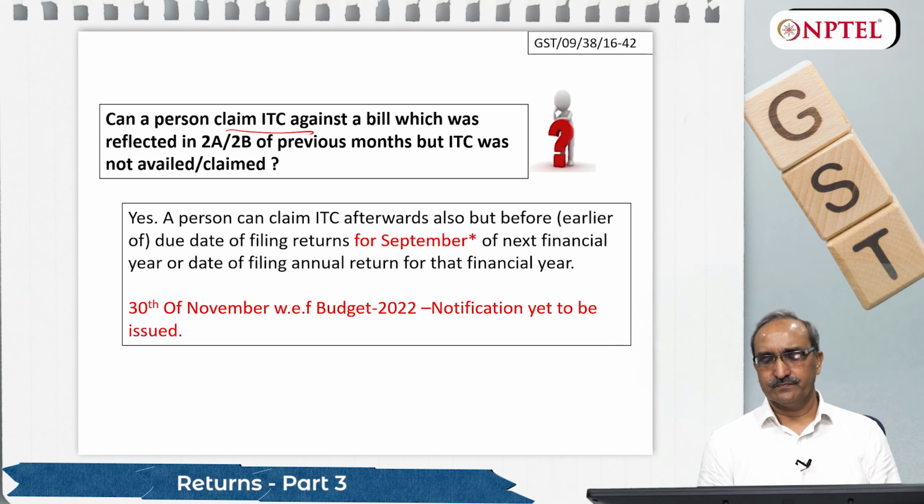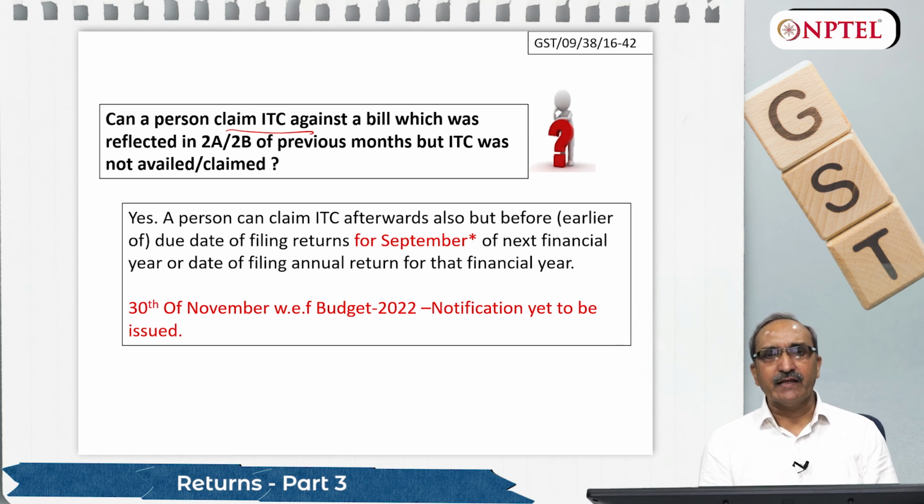What does it mean? It means if in the month of February I have purchased something from a supplier, he has filed his GSTR 1, and after filing, the bill raised to me is there in 2A or 2B.